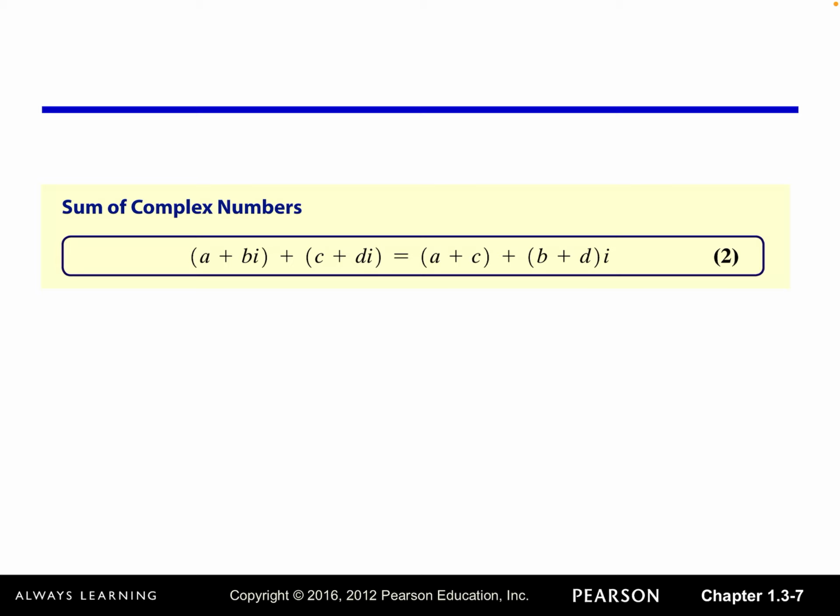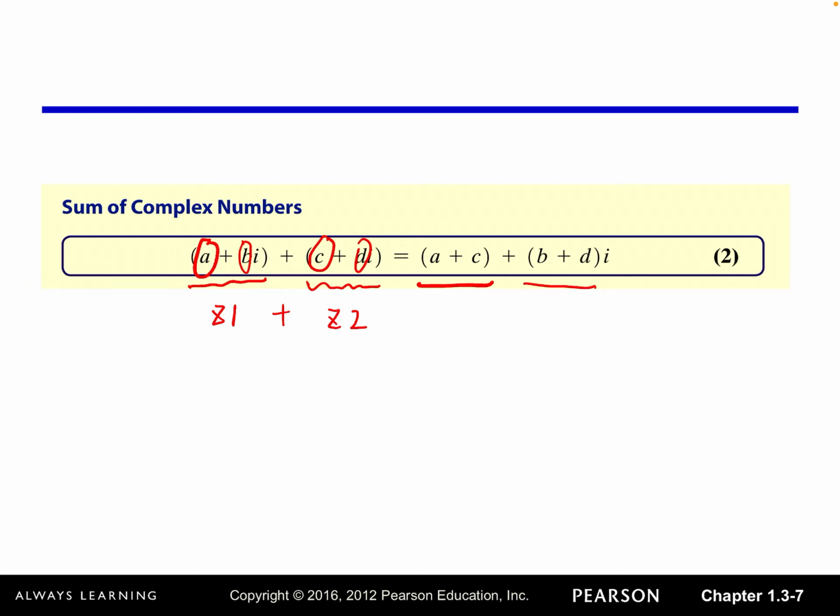All right, and then how do we add two complex numbers? Again, a plus bi is one complex number, c plus di is the second complex number. We want to add these two complex numbers together. The principle is the real parts combine, because they are like terms, and the imaginary parts combine.